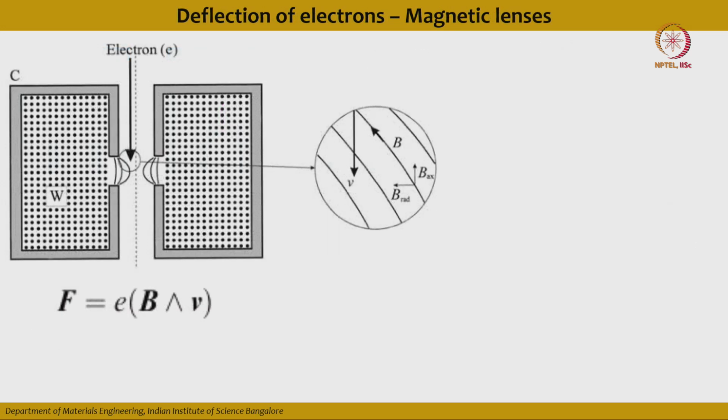These electromagnetic lenses are very important for acceleration and also for the deflection. The deflection of electrons is very important when these electrons travel across the column.